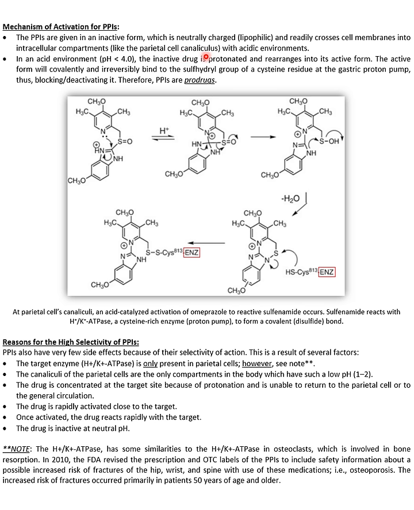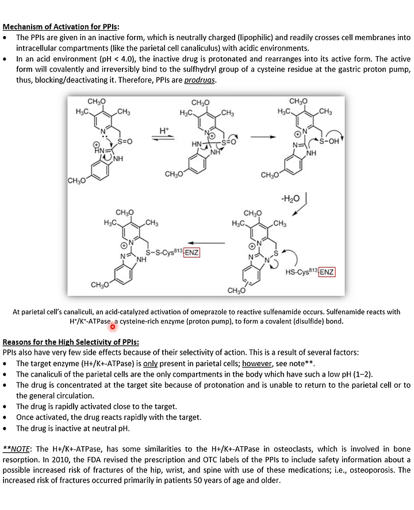Inside the canaliculus, they undergo a personality change. They switch into active molecules because the pH now is below 4, and as we explained earlier, the pH in the canaliculus is less than 2. So these molecules are activated and then they bind to this receptor. This feature makes these proton pump inhibitors very unique and highly selective.